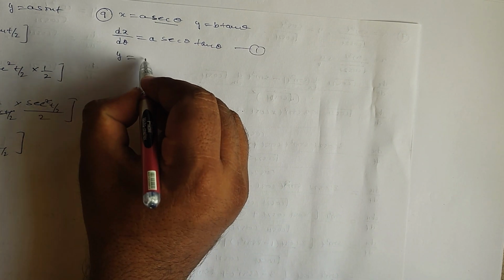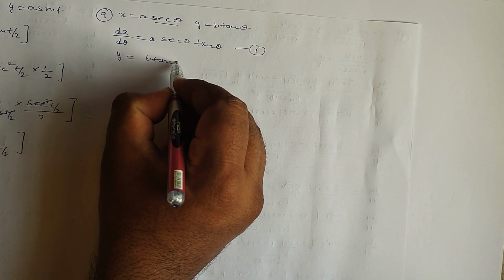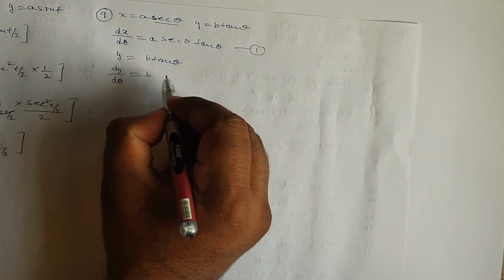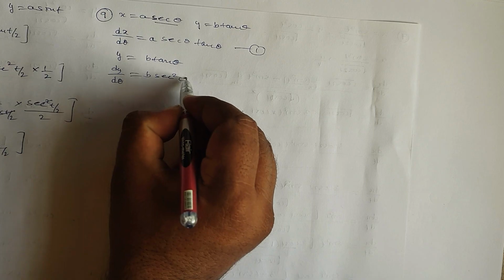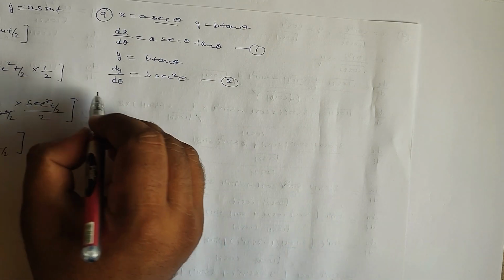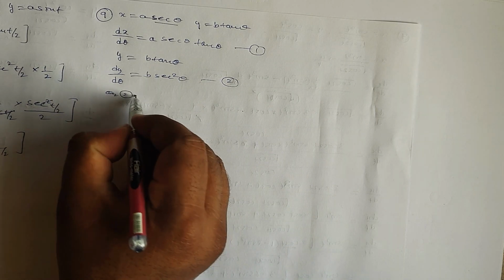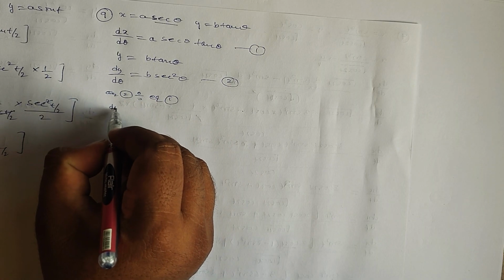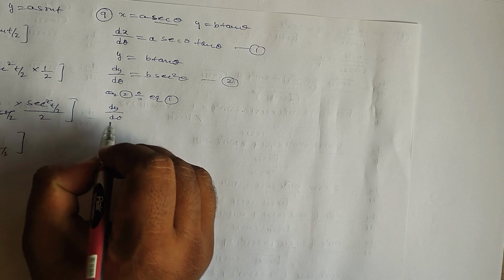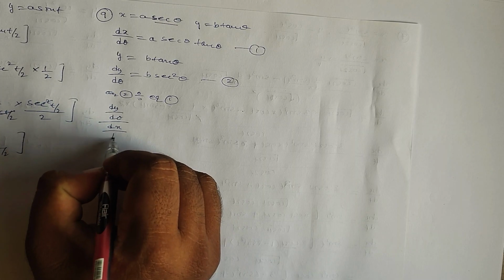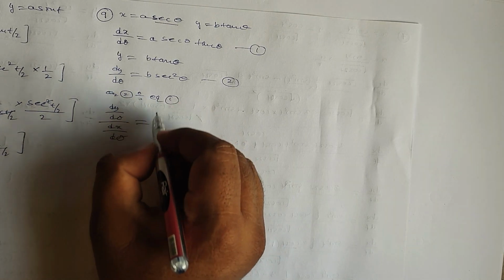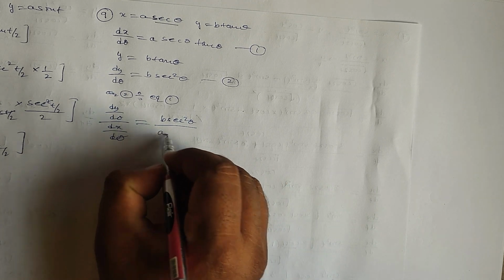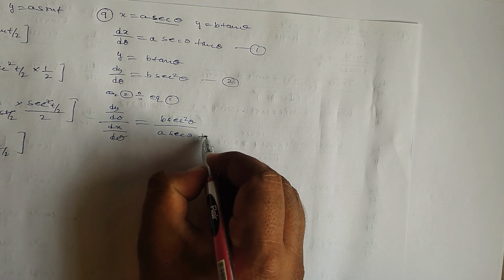Then y is equal to b tan theta, and the derivative dy by d theta becomes what? The derivative of b tan theta becomes b secant square theta. Say equation number 2. Equation number 2 divided by equation number 1, so that becomes dy by d theta divided by dx by d theta equal to b secant square theta divided by a sec theta into tan theta.